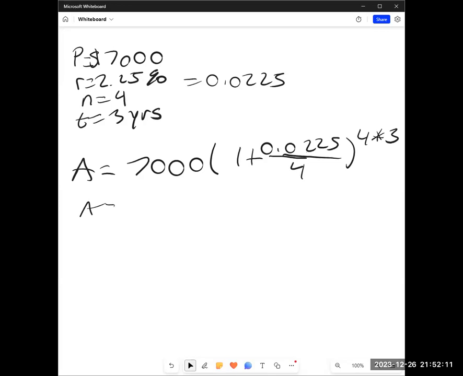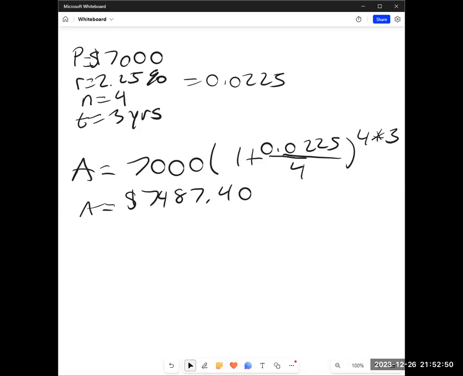This is going to be 7,000 times 1 plus 0.0225 divided by 4 raised to the 12th power, and I get $7,487.40. That is what Brent is going to have to pay back to Dave by the end of the 3 years.